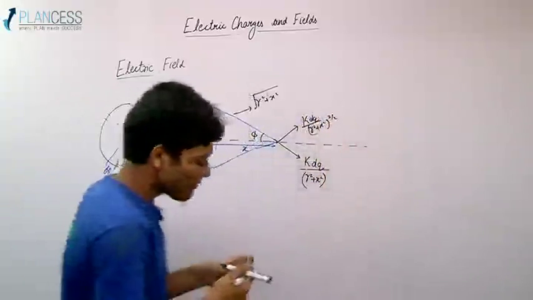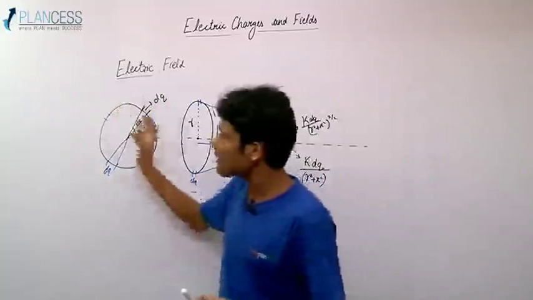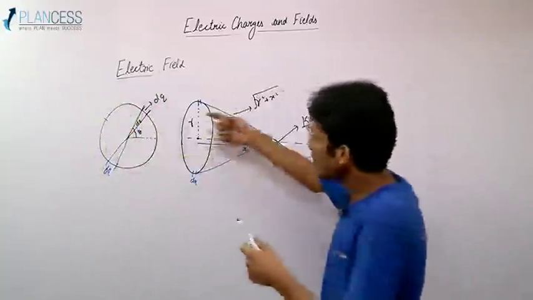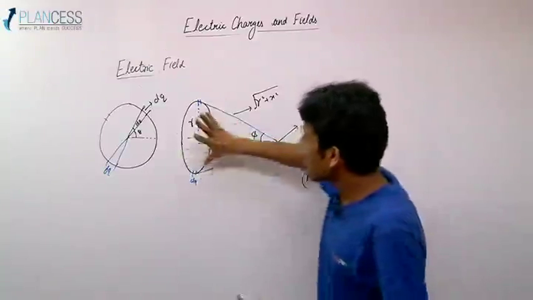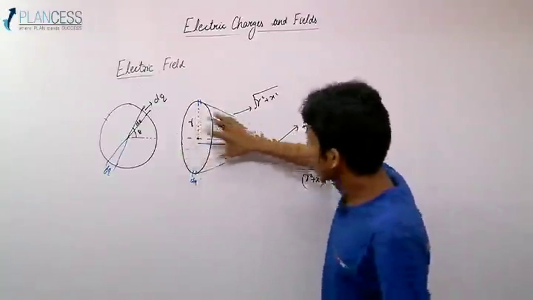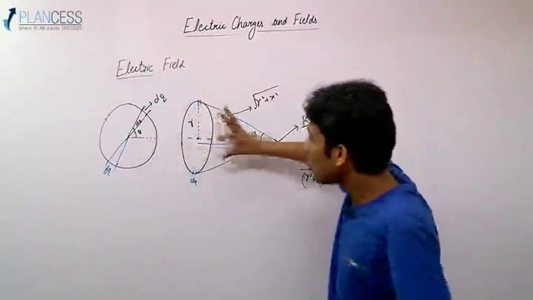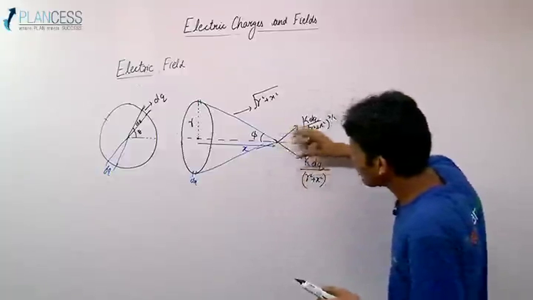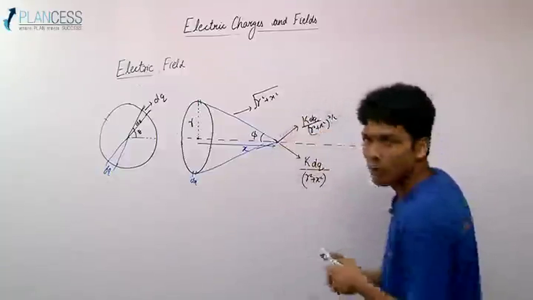When I consider every such dq element, that is I vary theta from 0 to 2 pi in this ring, if I draw such lines for every dq point, a cone would be formed, and similarly a cone of the electric fields would be formed, that is, these directions of the electric fields would be followed here.